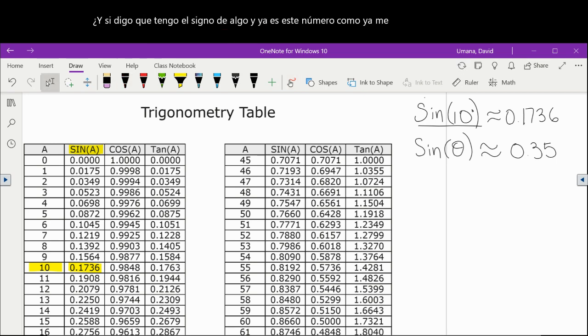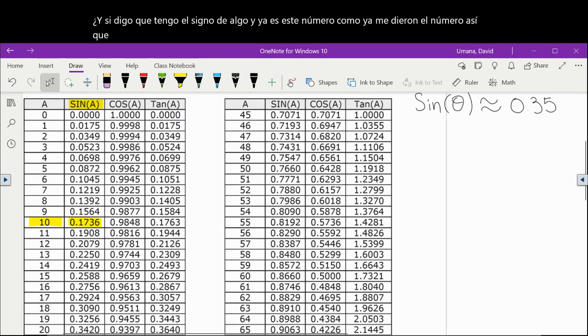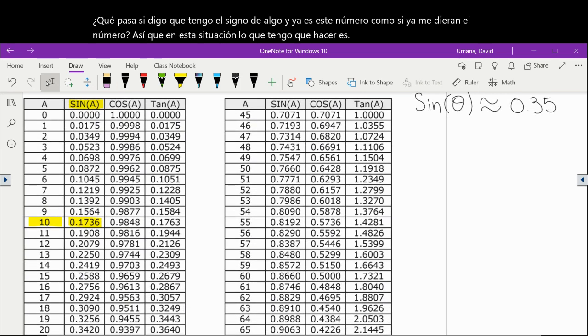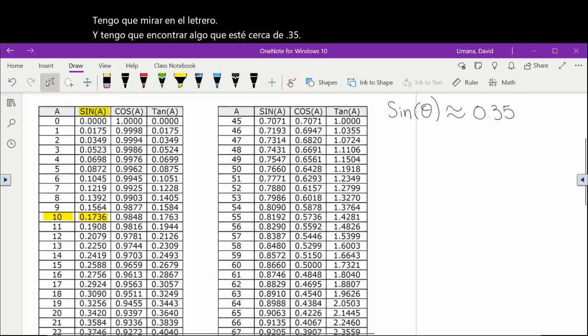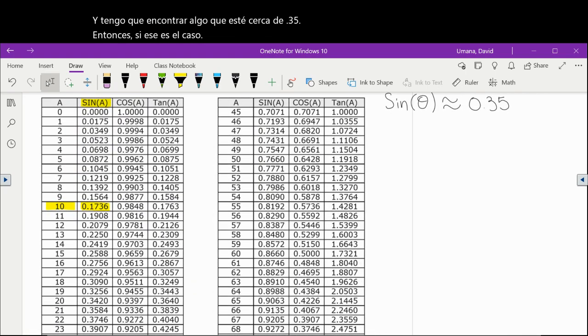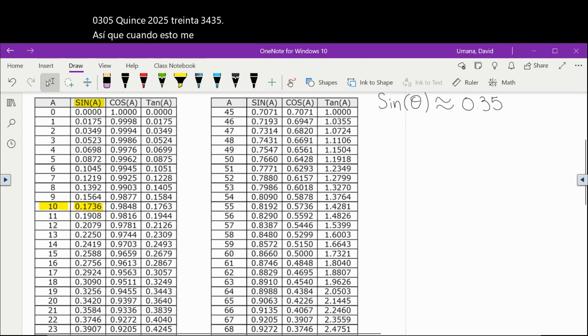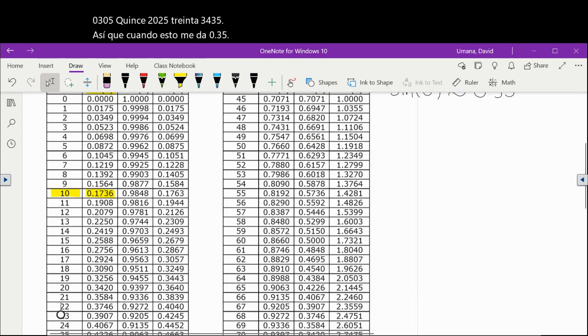So in this situation, I have to look on the sine and find something that is close to 0.35. Okay? So if that's the case, I take a look. 0, 3, 0, 5, 15, 20, 25, 30, 34, 35. So when this gives me 0.35, how many degrees is that?